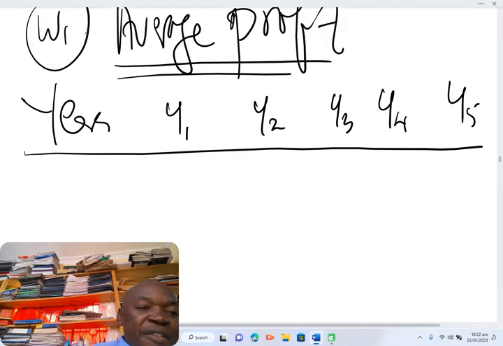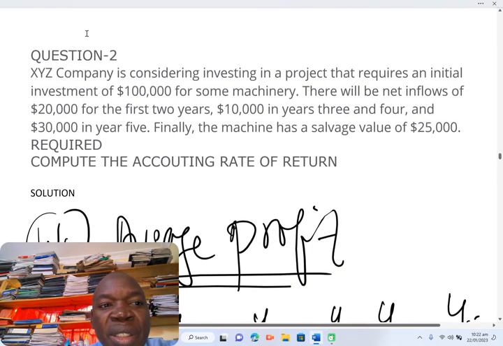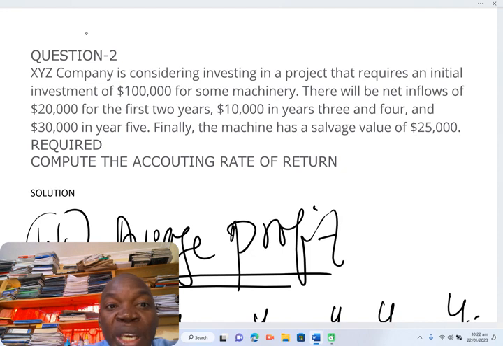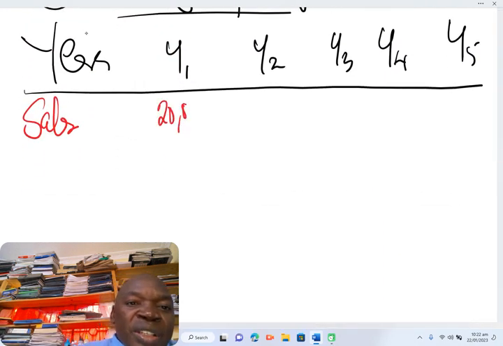Number 1, revenue. There will be a net inflow of 20 for the first 2 years. So for the first 2 years, this is 20, this is 20.